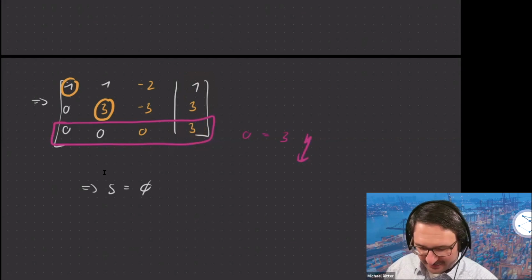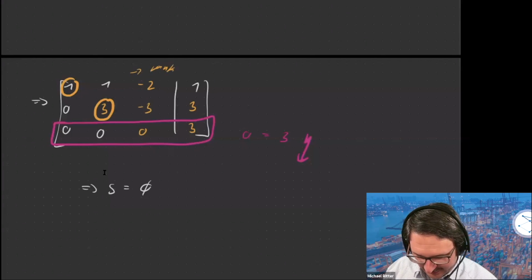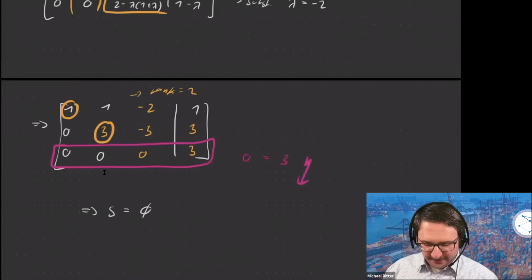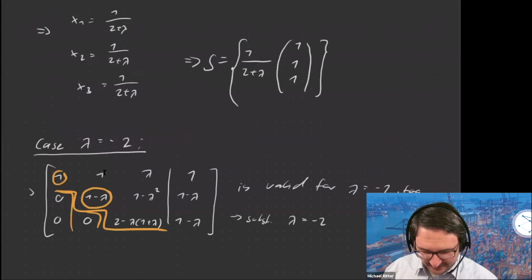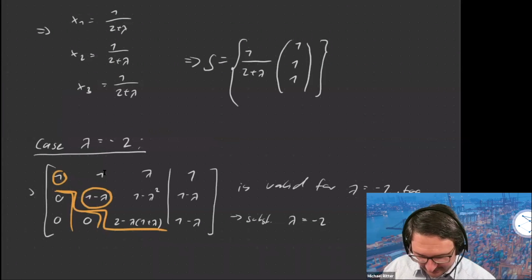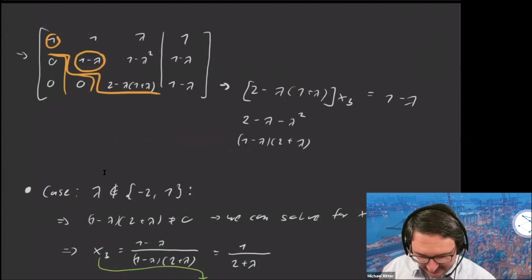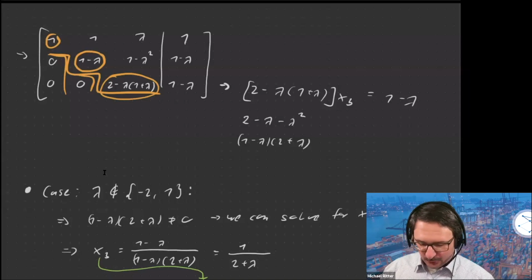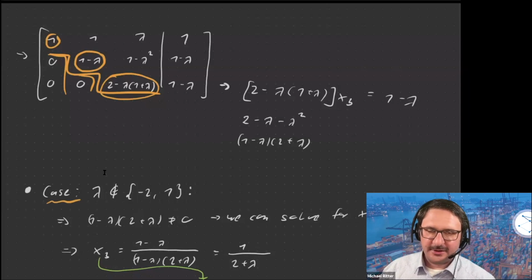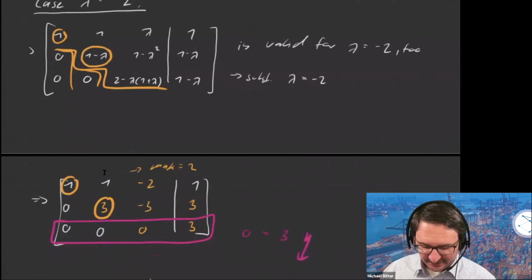So the rank of our left part here, that is 2. Whereas before, you remember that we had this system here with that pivot, and if that is not 0, and it was in this case here, then of course the rank would be 3. And that means we get a unique solution.